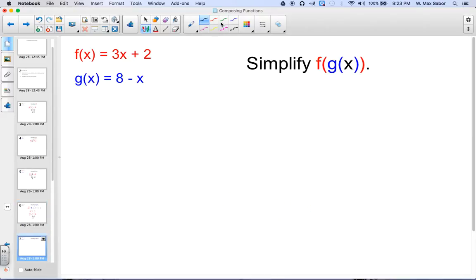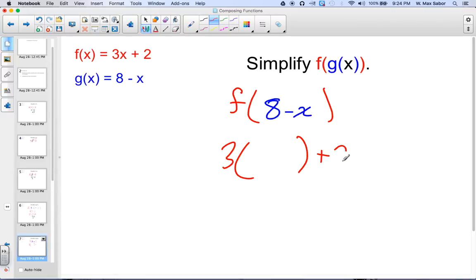It becomes a little more complicated when we start doing f of g of x. So we take f of g of x, where g of x is 8 minus x. Now what we want to do is write the outer function, 3 blank plus 2, and we're going to take the inner function and substitute it in.